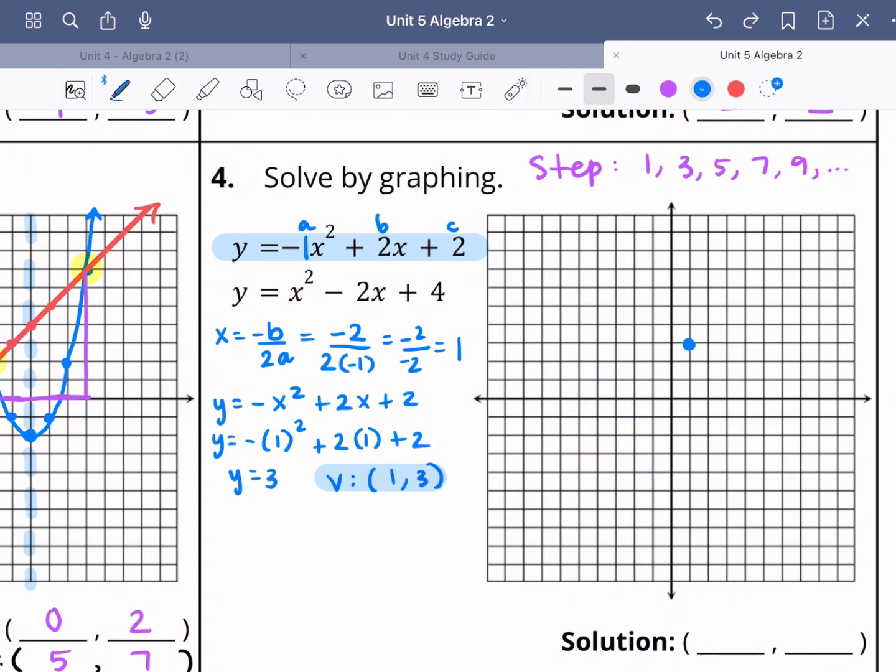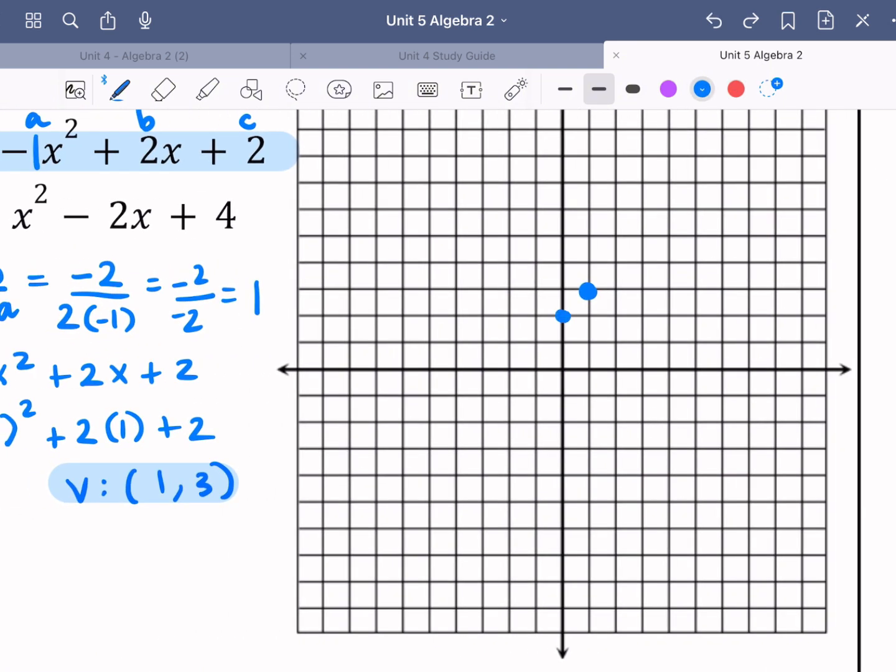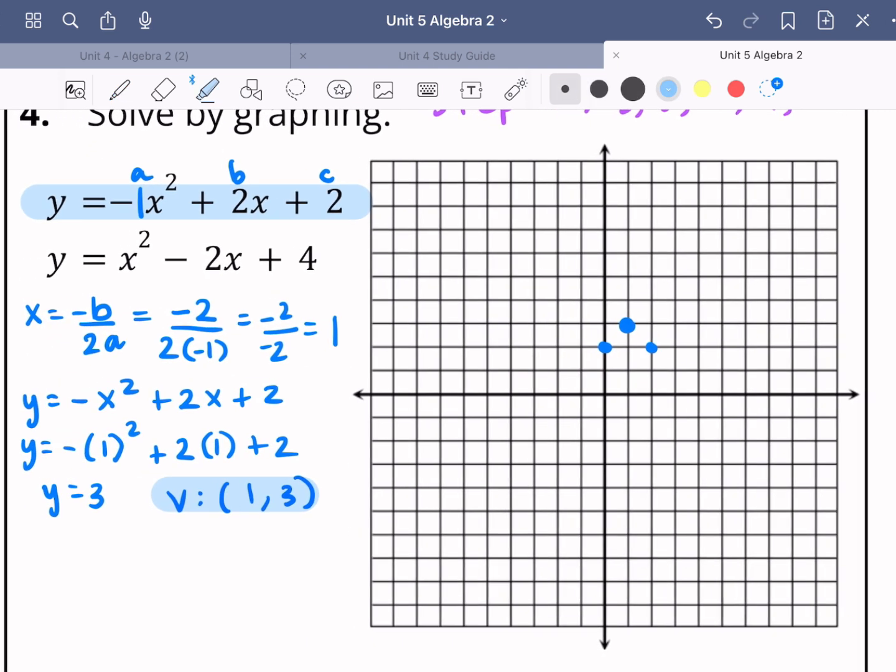So let's go down 1 over 1, and we can just go ahead and do that on both sides. And if it's helpful, you can draw your axis of symmetry through here as well. And then now that we've done 1, we will do the 3. The next step is 3. And then 5.